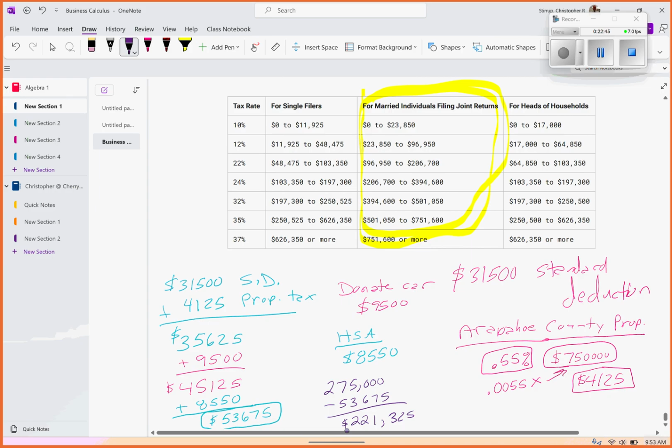Now, you're going to hear this next week because we just said that $8,550 is the maximum that you can put in an HSA. Yeah, there are some rules. When you turn 55 during that calendar year, you can add an extra 1,000 to that. So because I'll be 55 on December 30th, I can add an extra 1,000.